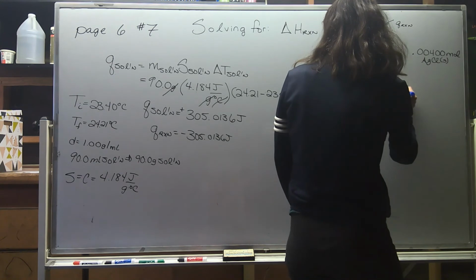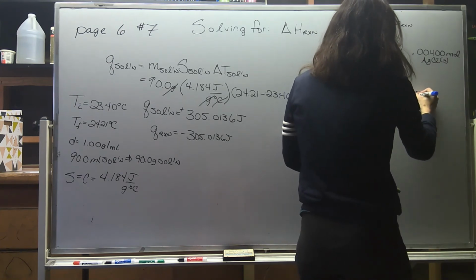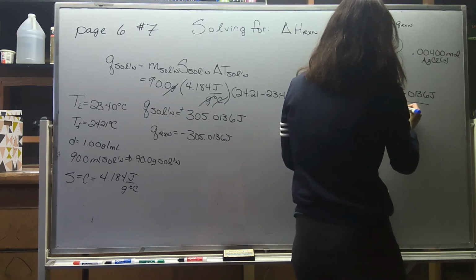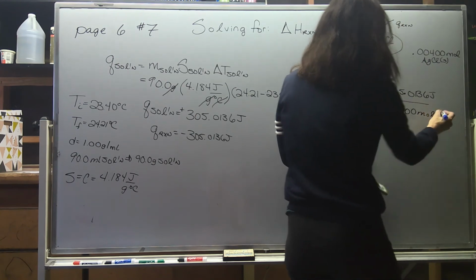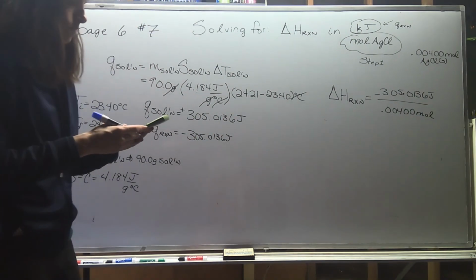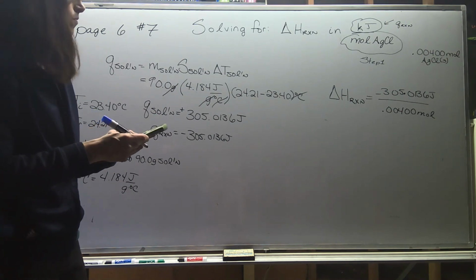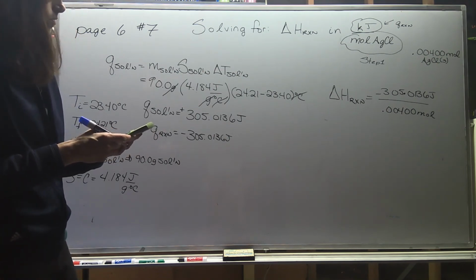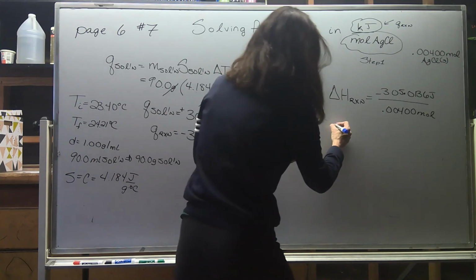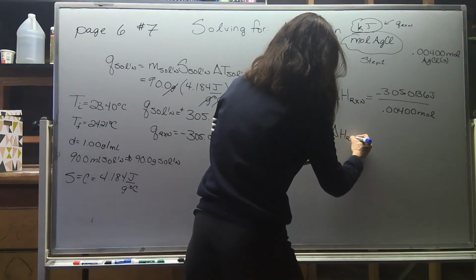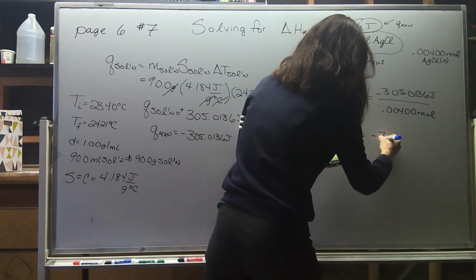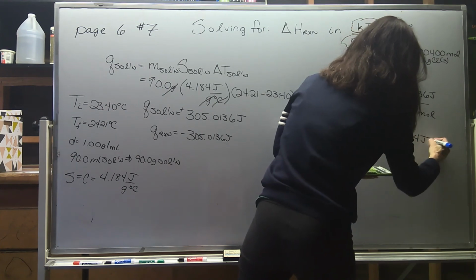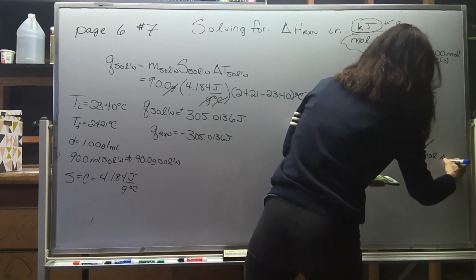So negative 305.0136 joules divided by 0.00400 moles. And for the enthalpy of the reaction, I obtained negative 76,253.4 joules per mole of silver chloride.